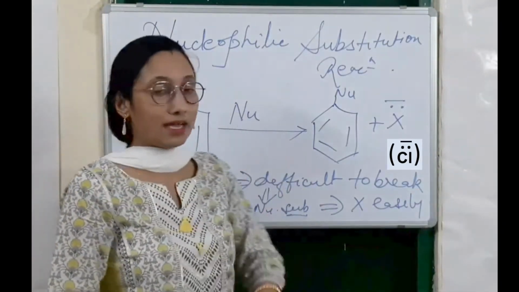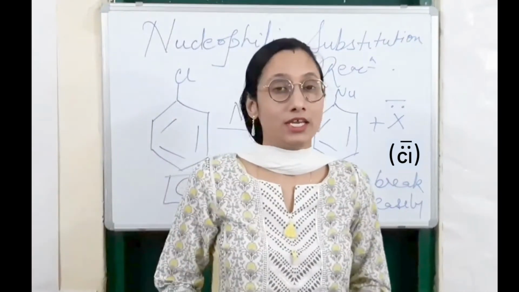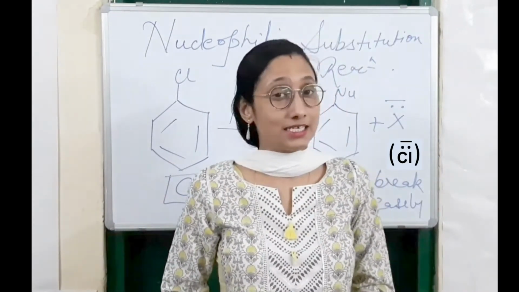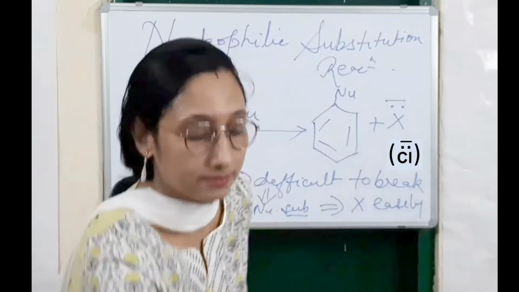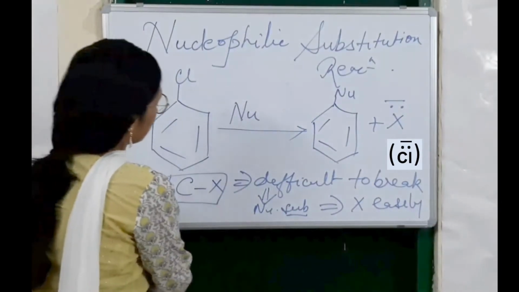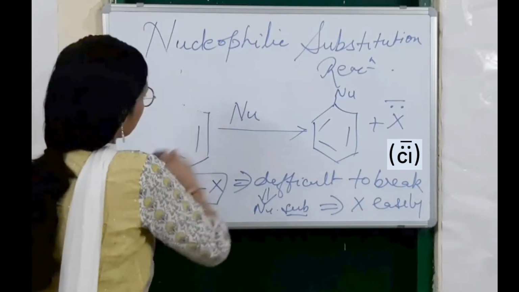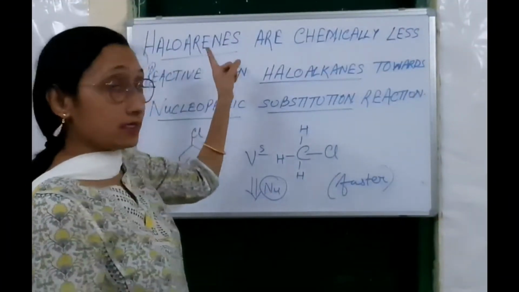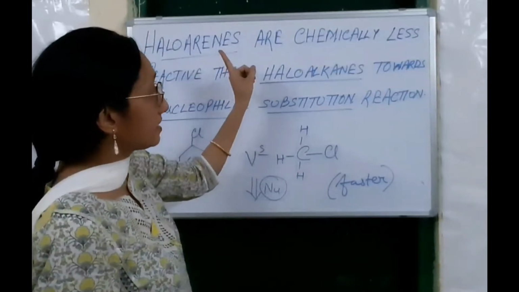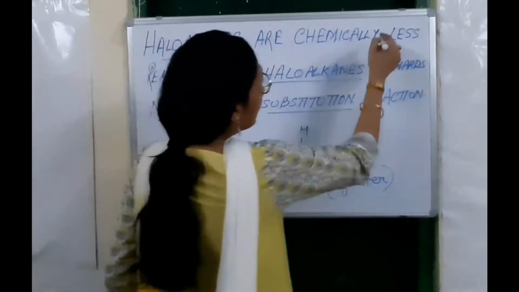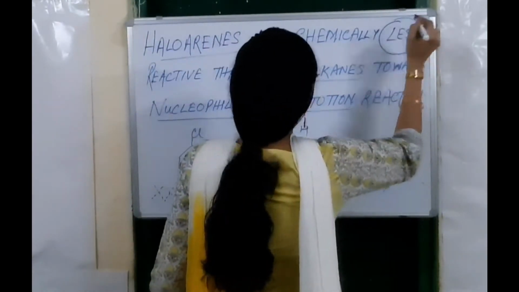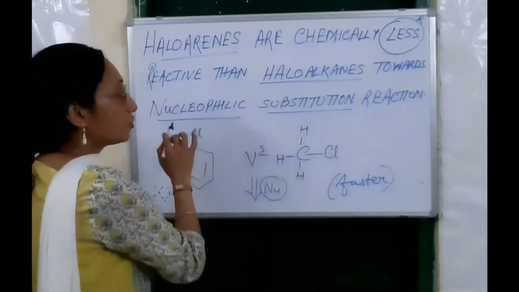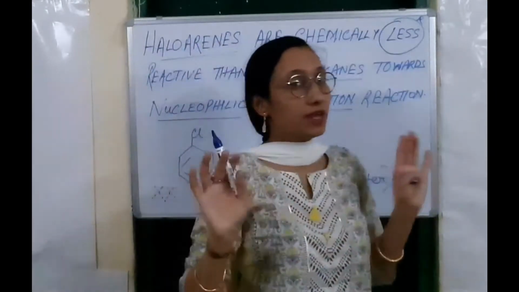Now we will apply this in case of nucleophilic substitution of haloarenes, and let us see the results. Now say this, haloarenes or aryl halides are chemically less reactive than haloalkanes towards nucleophilic substitution reaction.